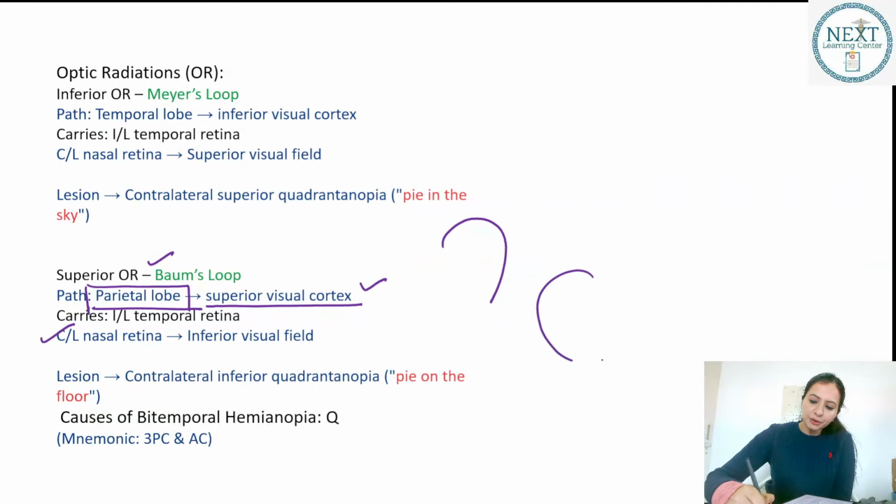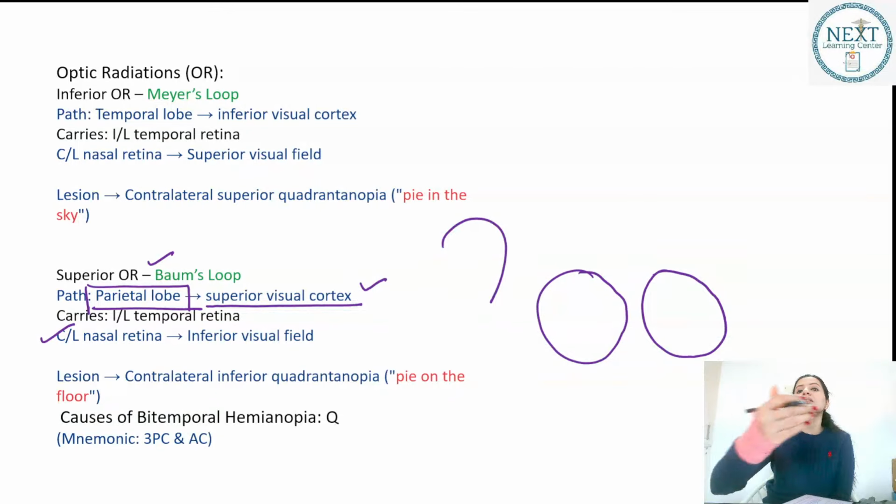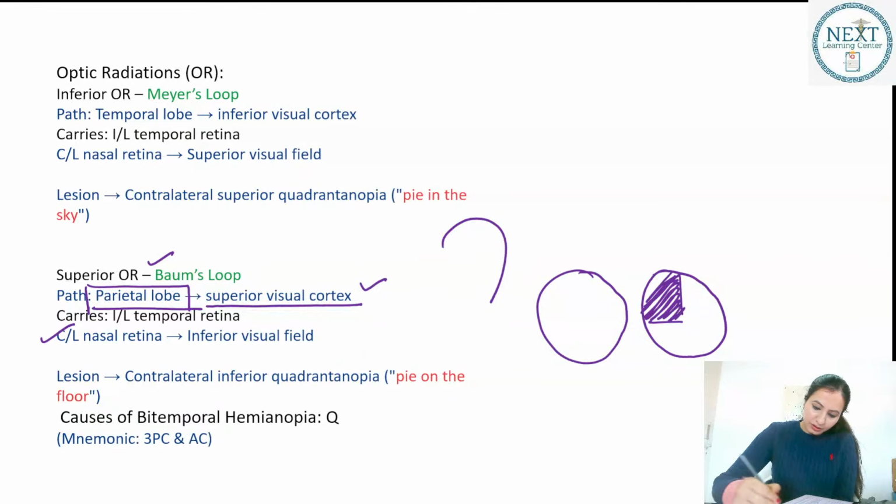As I told you, visual field defects are opposite to the site where they are affected. So if the superior fibers are affected, the patient is going to get an inferior visual field defect.